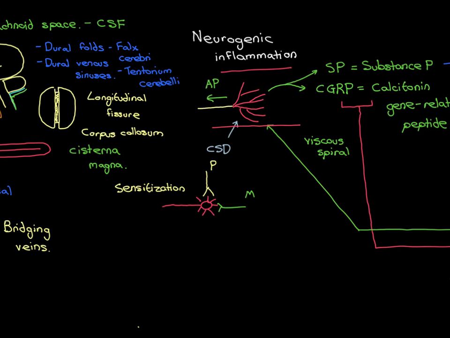So that's a suggestion of how this could work, but it is a fundamental fact that you can get cutaneous allodynia, and it's in the region where it's referred to.